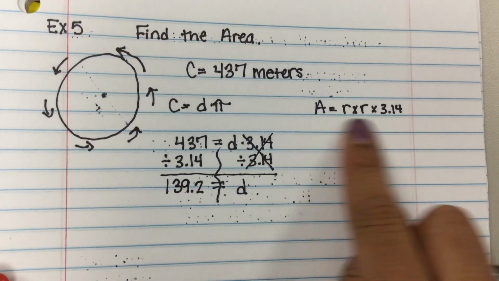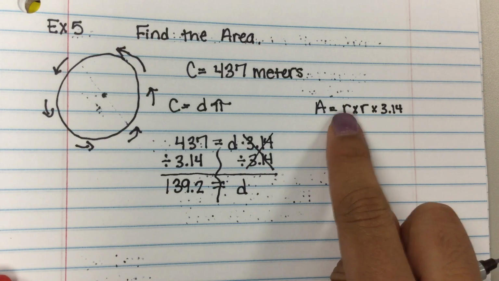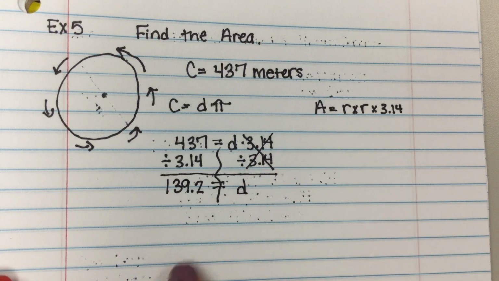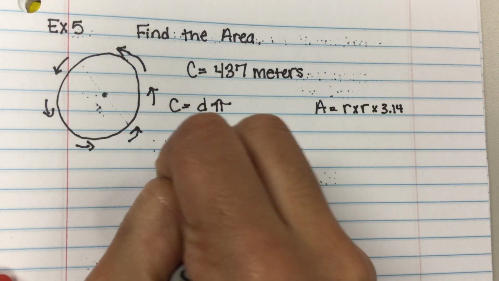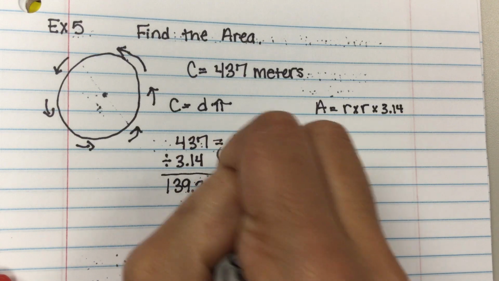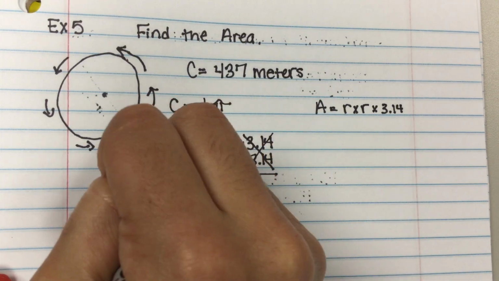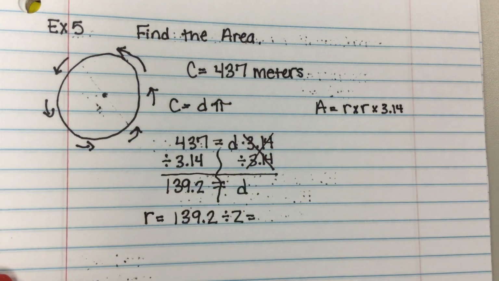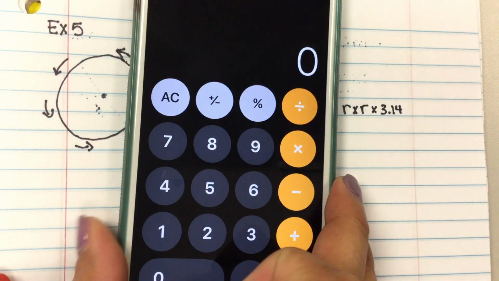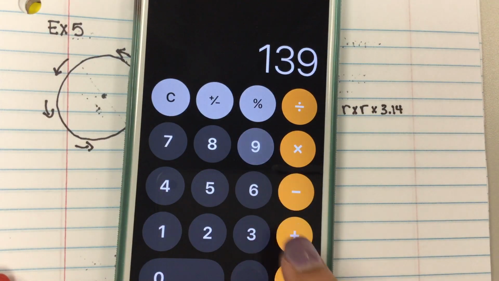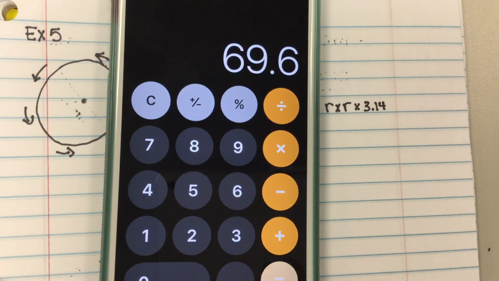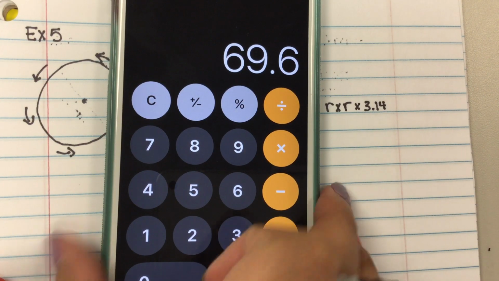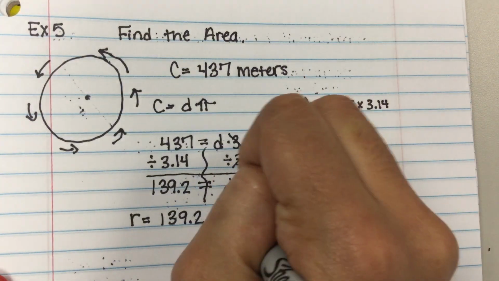And again, we're trying to figure out our area, so we need to know our radius, and so with diameter we're going to have to divide that by 2. Okay, so 139.2 divided by 2 is going to give us 69.6.